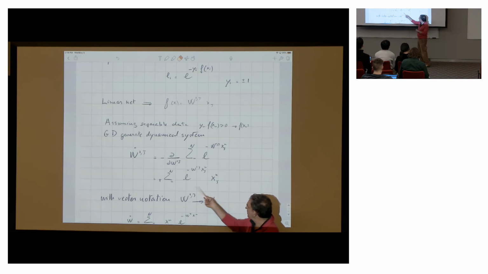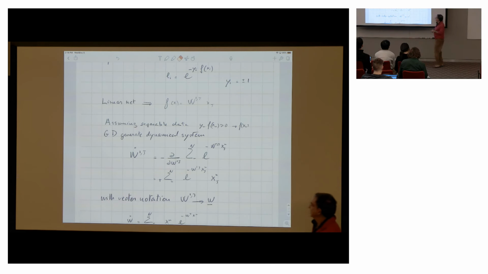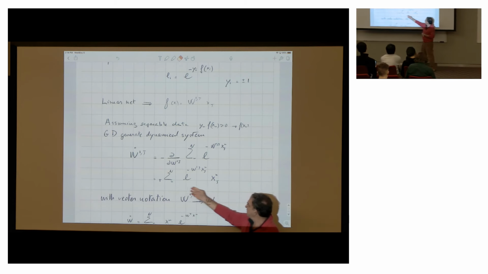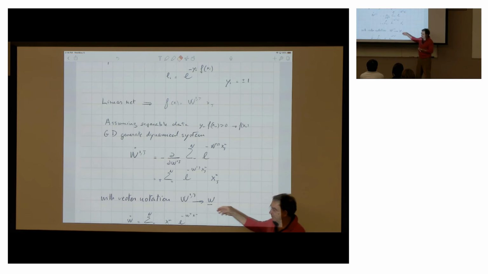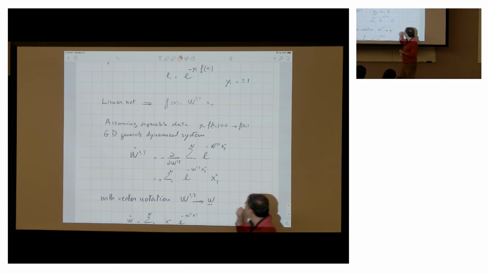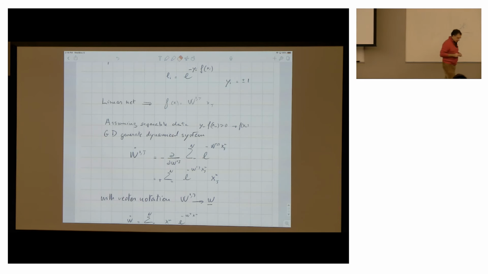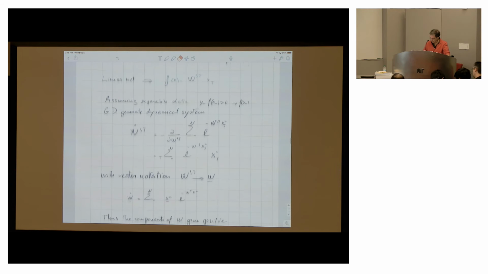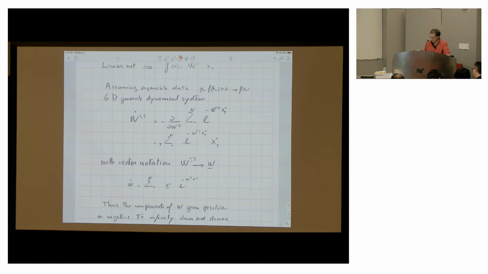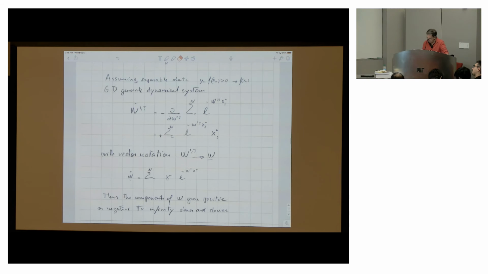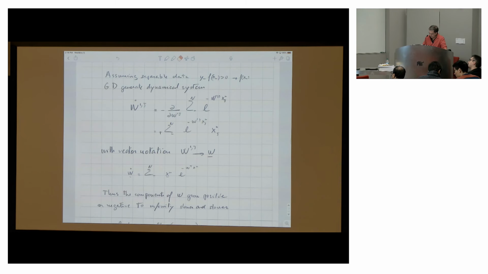It has this funny form: the time derivative wij dot is something like this. This is positive, of course, and this may grow to infinity or to minus infinity, depending on the sign of this sum of the xj, for each component.